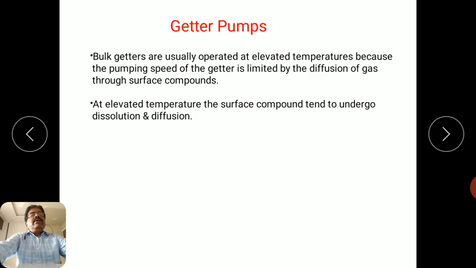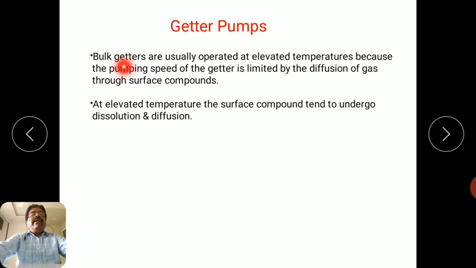Just like the surface getter, there is also another type of getter known as a bulk getter. Bulk getter means that the active metal used as a getter is in bulk form. Instead of a thin layer as we discussed earlier, here we have a bulk material.